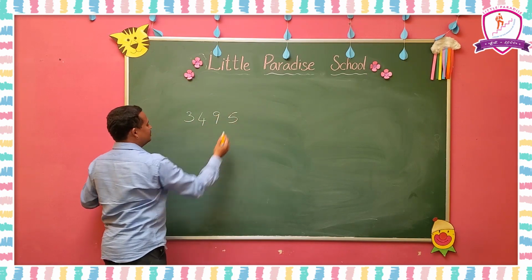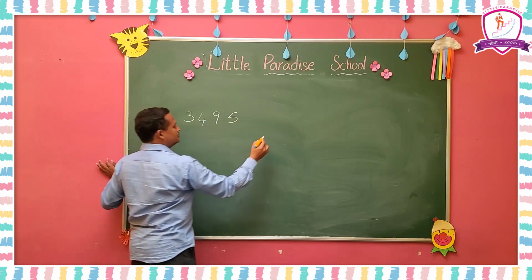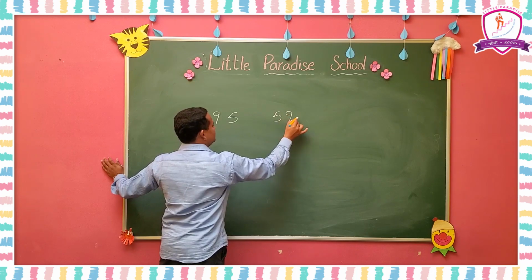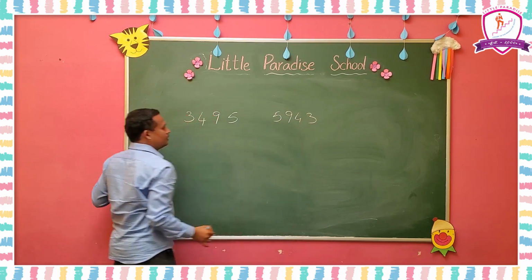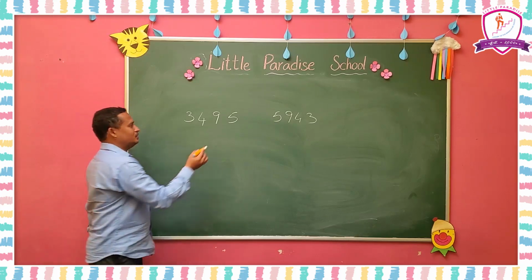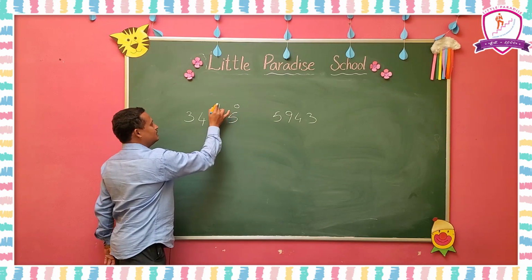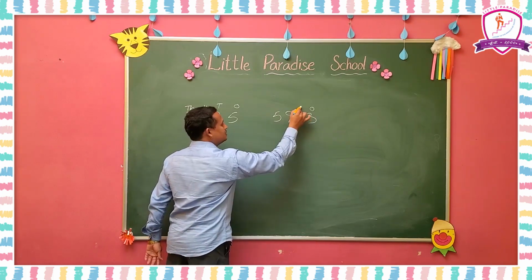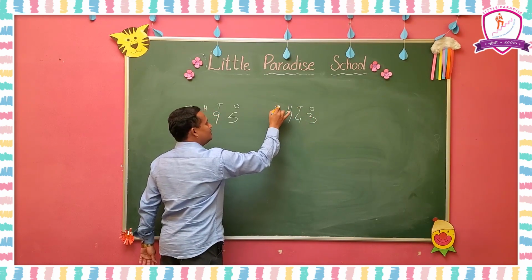I am going to write the places here: ones, tens, hundreds and thousands. Here also ones, tens, hundreds and thousands.